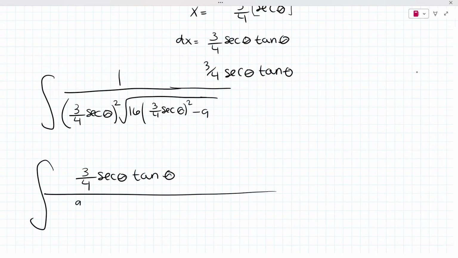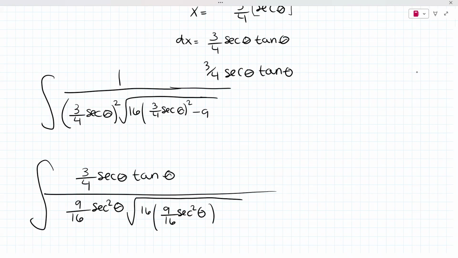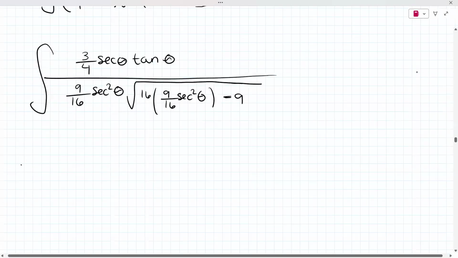That is 9/16 secant squared theta, times what is 3/4 secant theta squared? So times it by 16 is going to be 9/16 secant squared theta. And then this minus 9 is outside, so put it outside, but still inside the radical. Okay, clean this up.